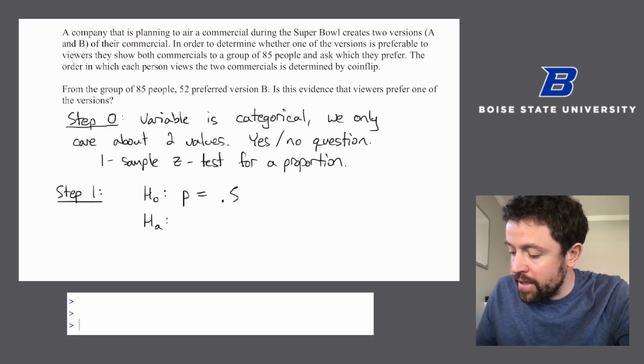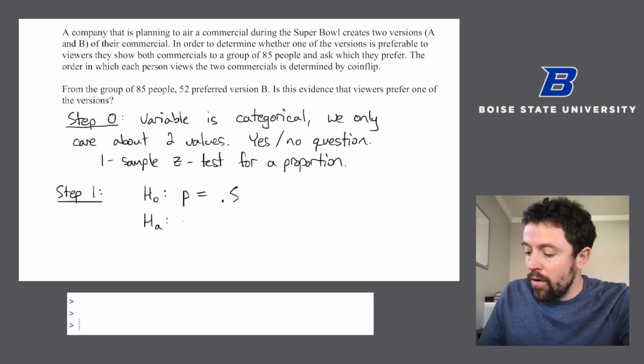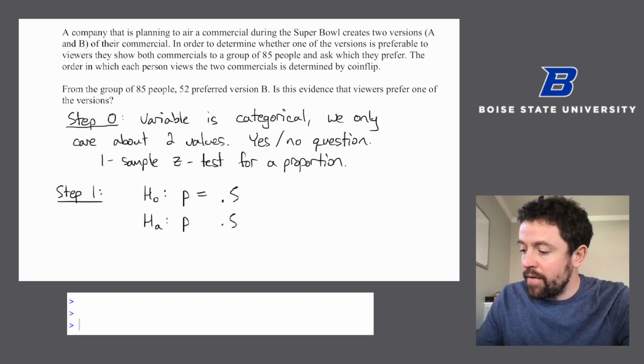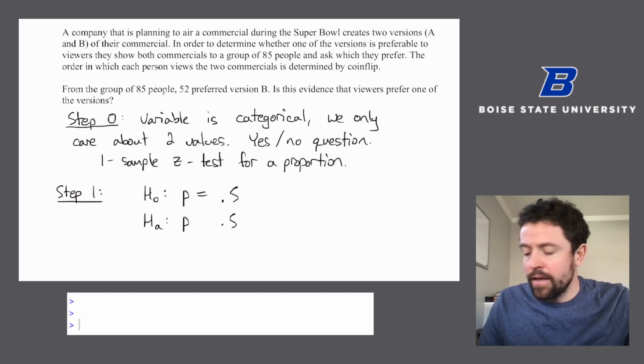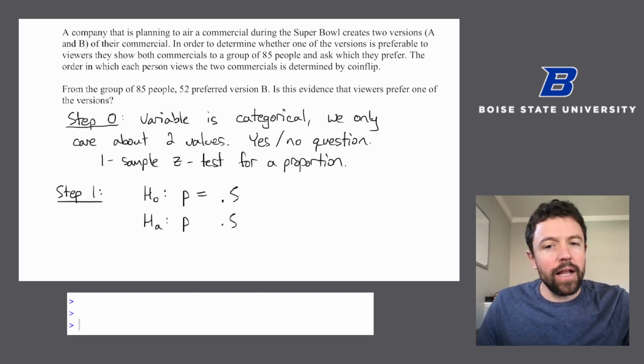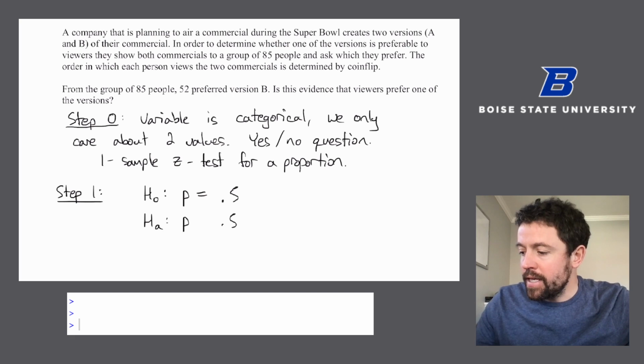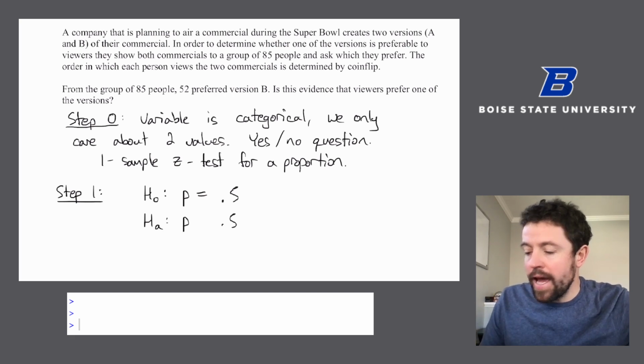Our alternative hypothesis, well, we know that it's going to be P compared to 0.5, and then we have to ask ourselves, well, should it be less than, greater than, not equal to? And we realize as we're doing this, we have left out a very key detail here. What is P, right? Is P the proportion who prefer version A, or is it the proportion who prefer version B?